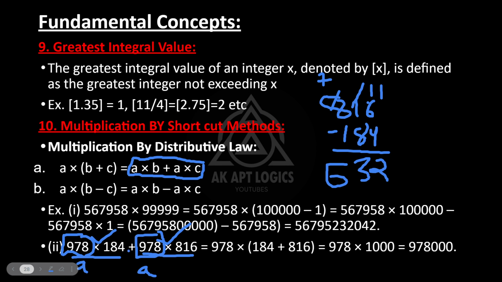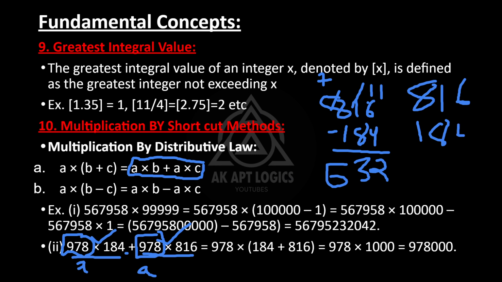Sorry, here there is a plus, right? So you must make it a plus. If I said minus in the case of plus, I was mistaken. You perform addition of 816 and 184. You will get the resultant as 1000. You will get the resultant as 1000 after doing this.